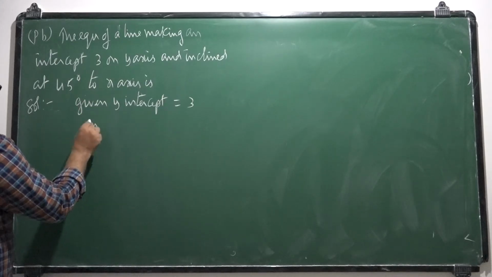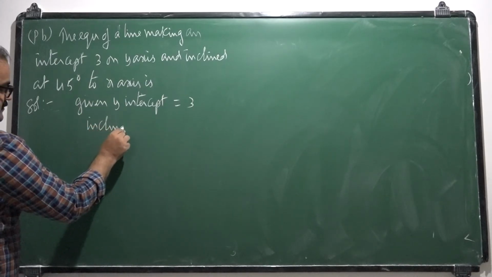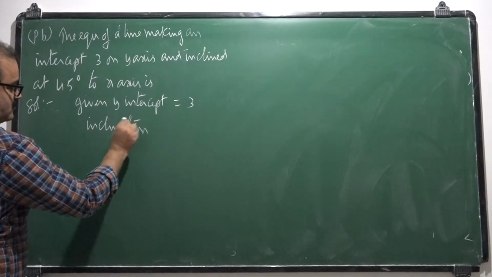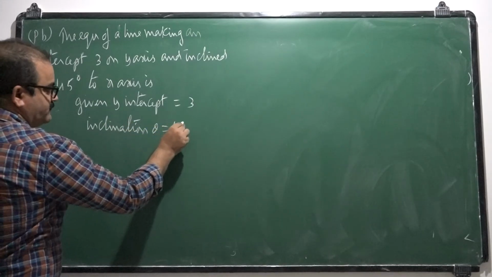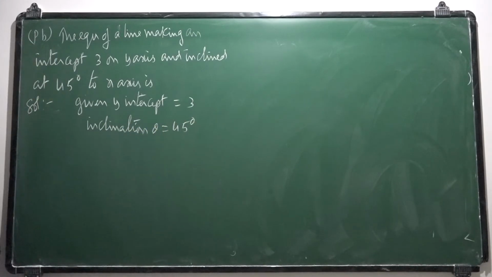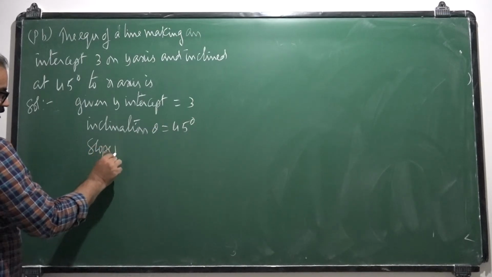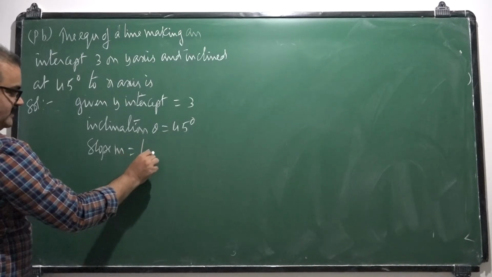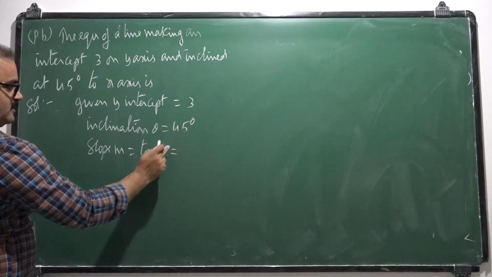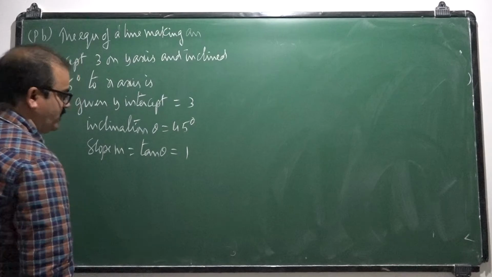Inclination theta is equal to 45. When inclination is given, then slope m is equal to tan theta. Theta is 45. Tan 45 is 1.